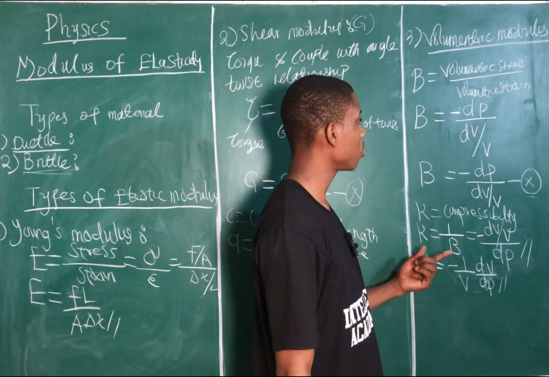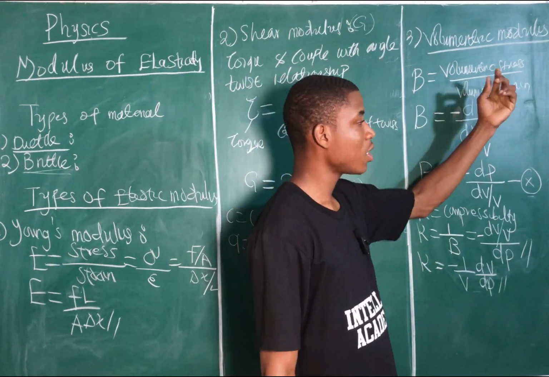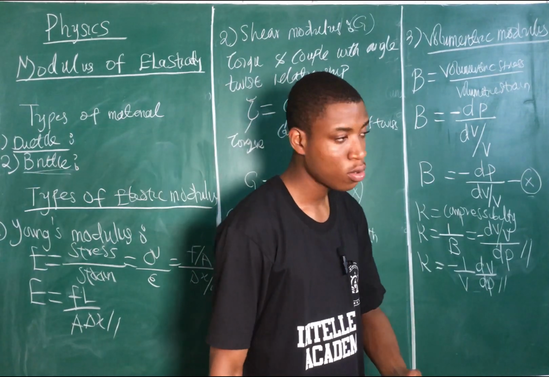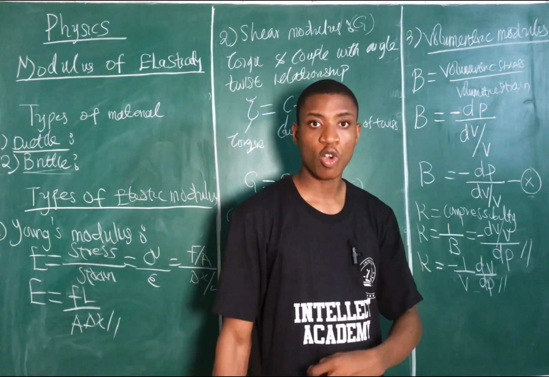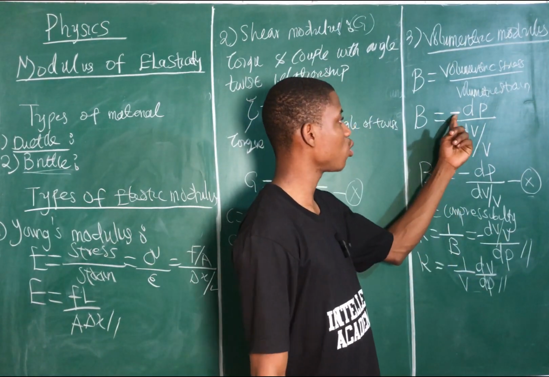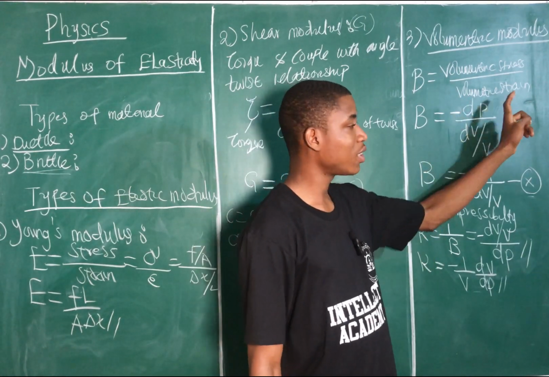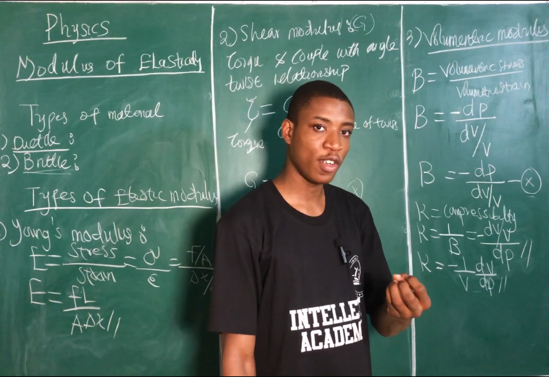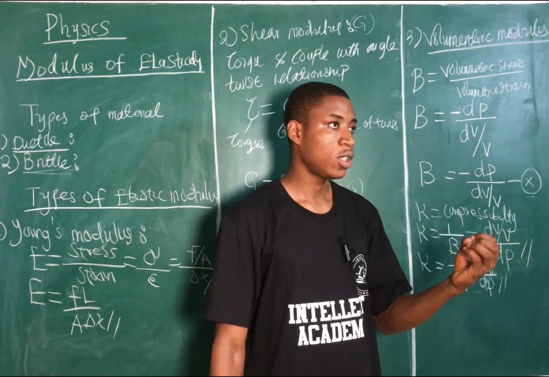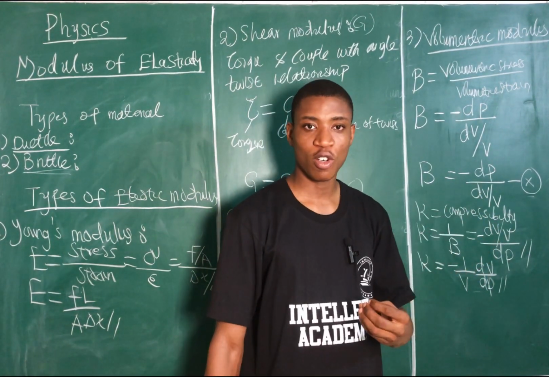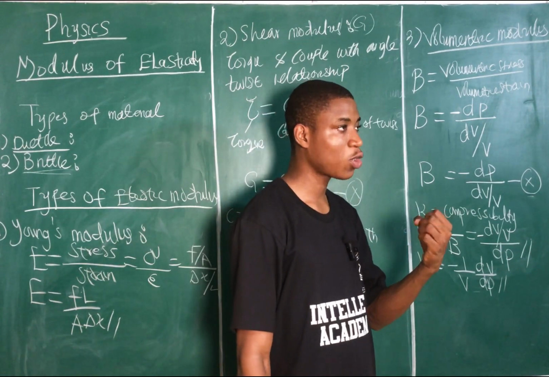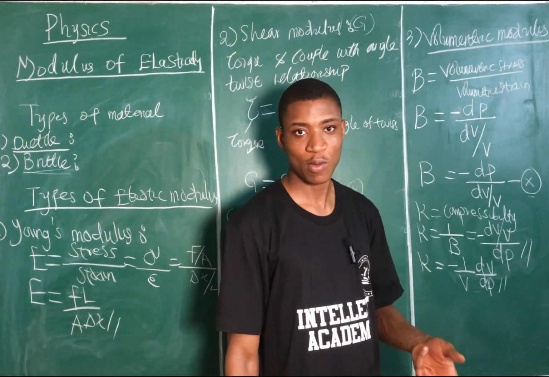So this is the concept of volumetric modulus. We state that volumetric stress does not occur in fluids. Pressure occurs in fluids, so we change this to dP. Volumetric strain does not occur in fluids by extension, so we cannot measure the quantity of a fluid by length.